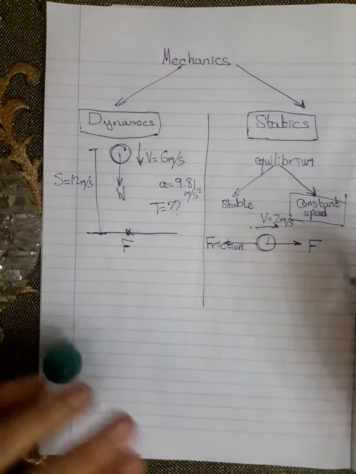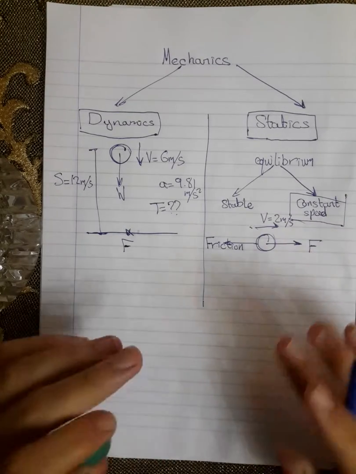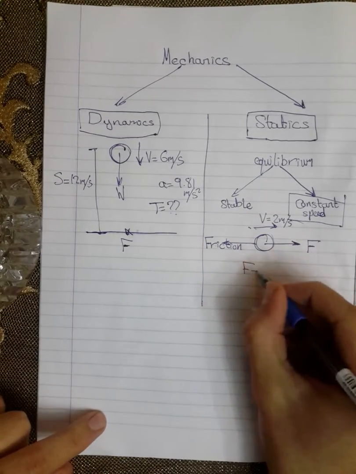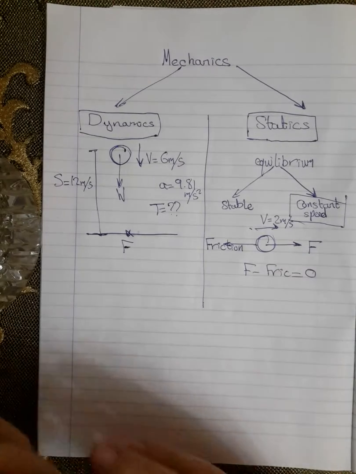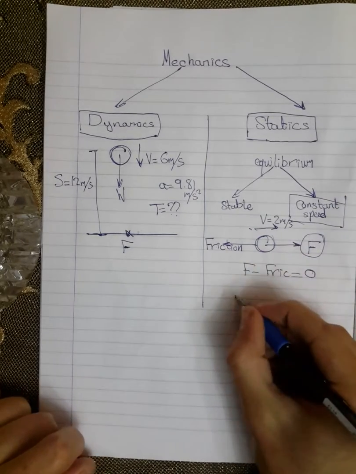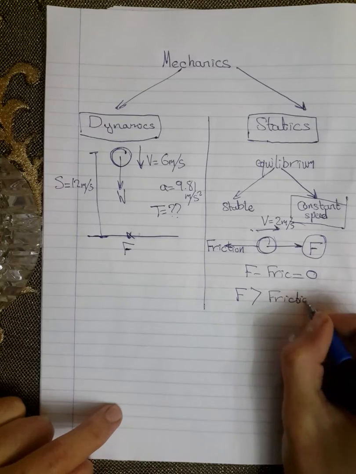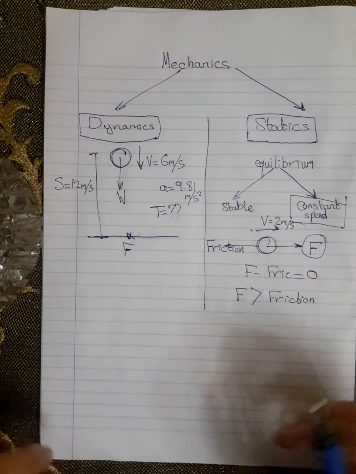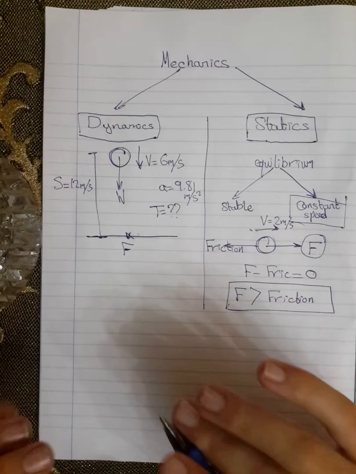So the ball will not accelerate, or the resultant force equals 0, like F minus friction equals 0. So at first, when the F was larger than the friction, the ball started to move and accelerating and gaining speed. Okay, this was an absolutely dynamics case.